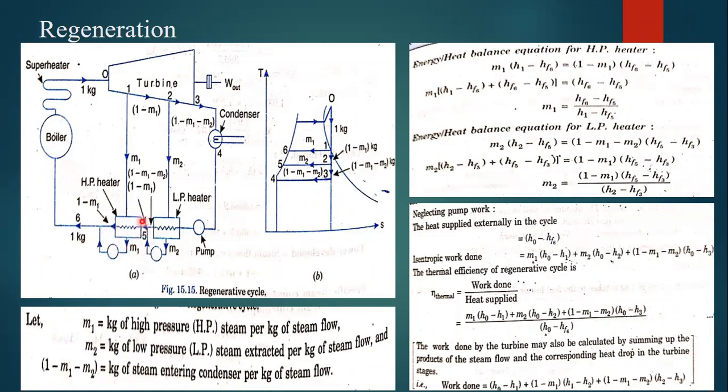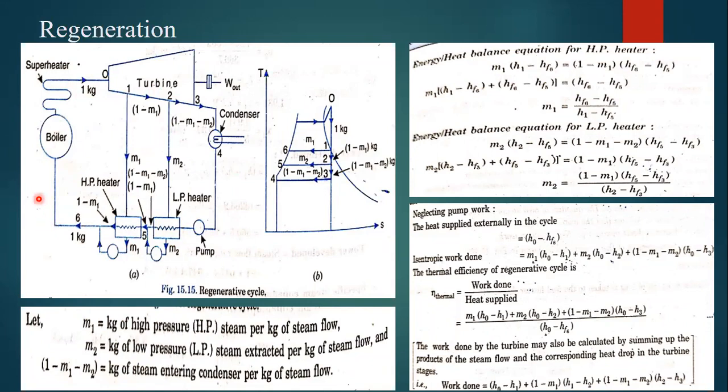These low pressure heaters and high pressure heaters are called feed heaters. They are called feed heaters because we feed the boiler after heating the liquid. That's why the process is called the regeneration feed heating method, right? So I hope you got some idea on this.